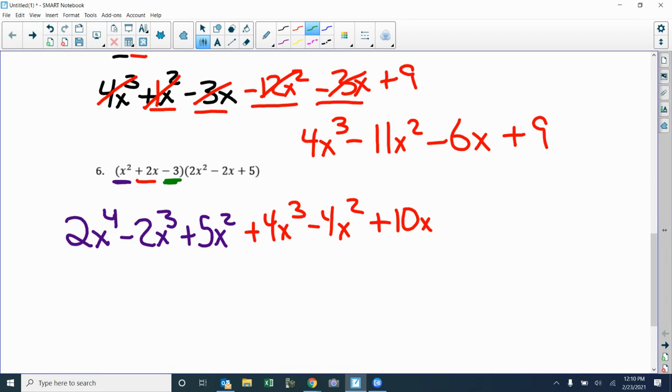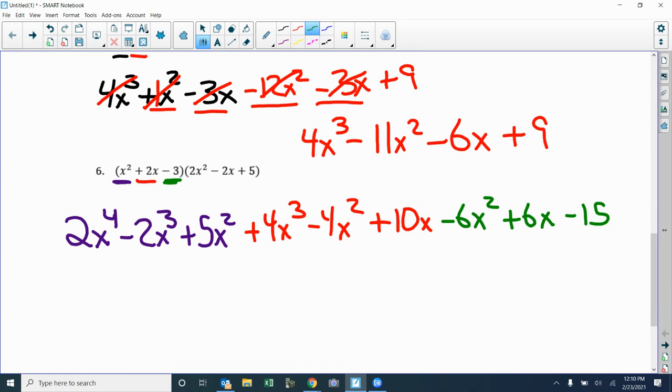Negative 3 times 2 gives me negative 6x squared. Negative 3 times negative 2 would be positive 6x, and then negative 3 times 5 would be negative 15.